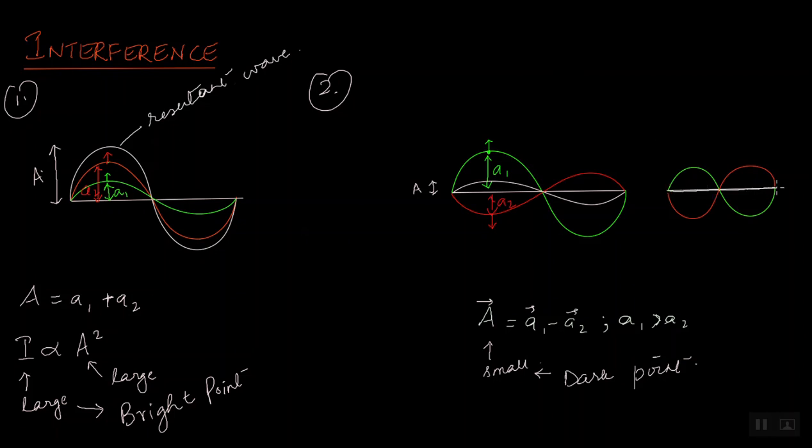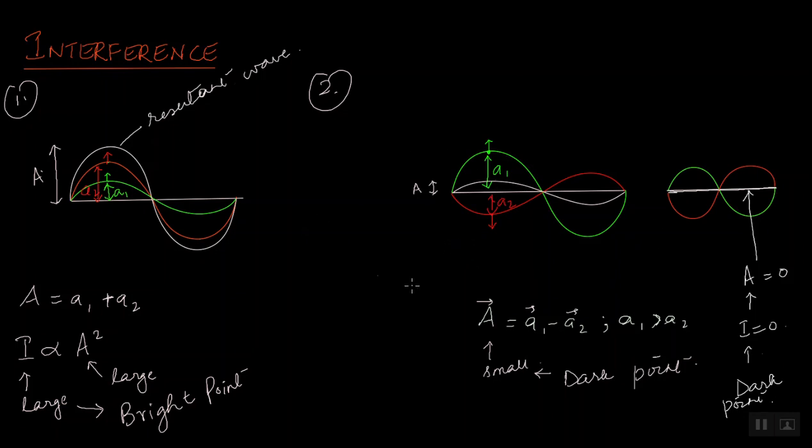Okay, so that is the resultant wave. It is not a wave only. Got it? And so what is the amplitude of the resultant wave? Amplitude of the resultant wave will be 0. So the intensity I will be 0. So what kind of a point is this? This is a dark point. Is it clear here? So this is the basic concept of interference of light.